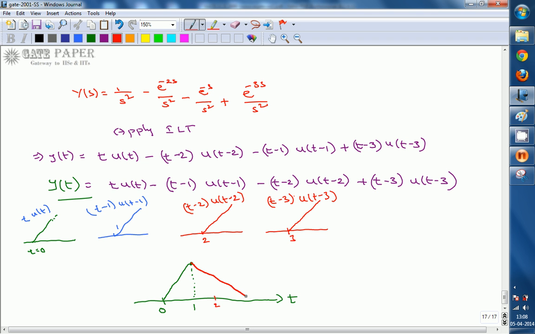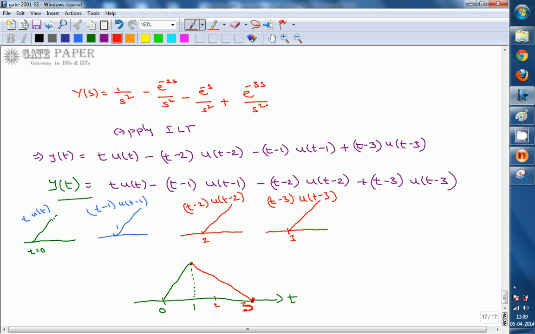And at 3, what happens is we are adding this signal to this, then the values after 3 are all added with this, then the value becomes 0 here.